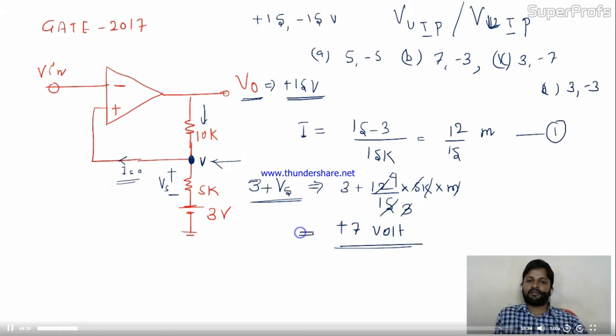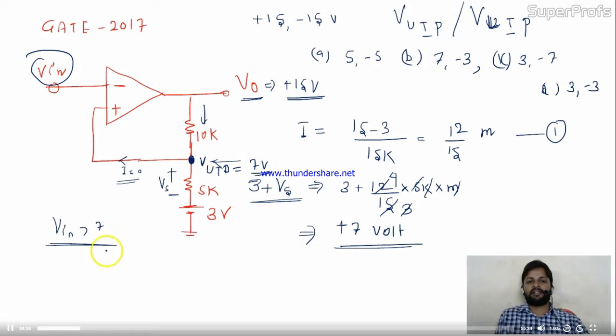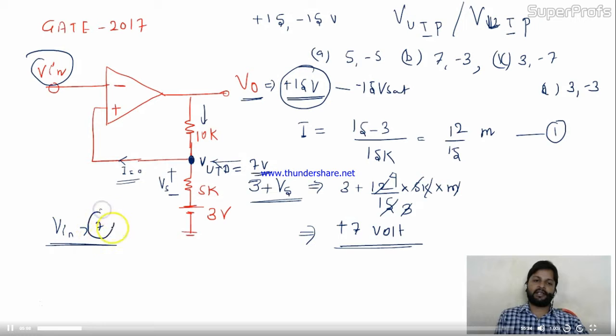Plus 7 volt. So this is the upper threshold point or upper triggering point, UTP, and this is 7 volt. It means if your V in is greater than 7 volt, then your plus V sat will go to minus V sat. So the upper trigger point is 7.